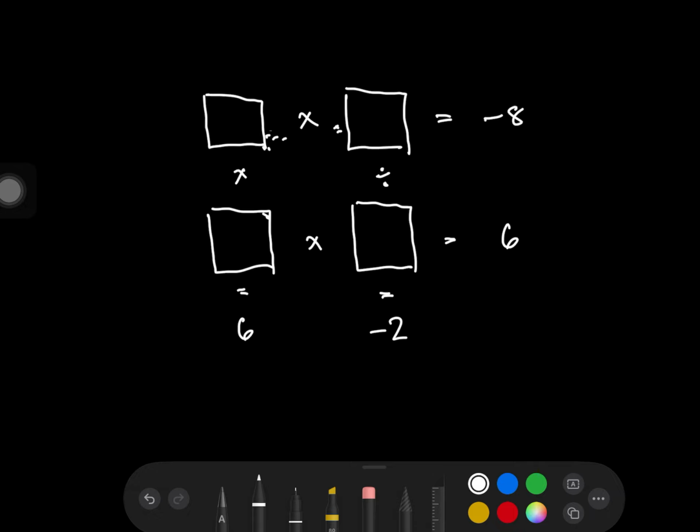Okay, so let's try. If we put negative 4 here, and then 2 here, the answer is negative 8. 2 times negative 4 is negative 8, right? Now we have to get this part. It should be negative 2. So we can divide by 2 because negative 4 divided by 2 is negative 2.